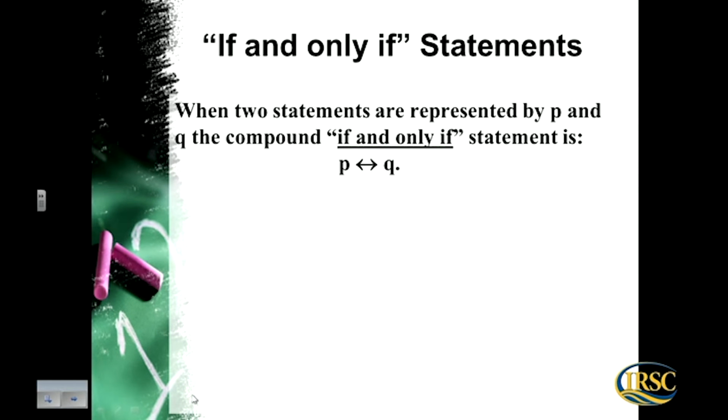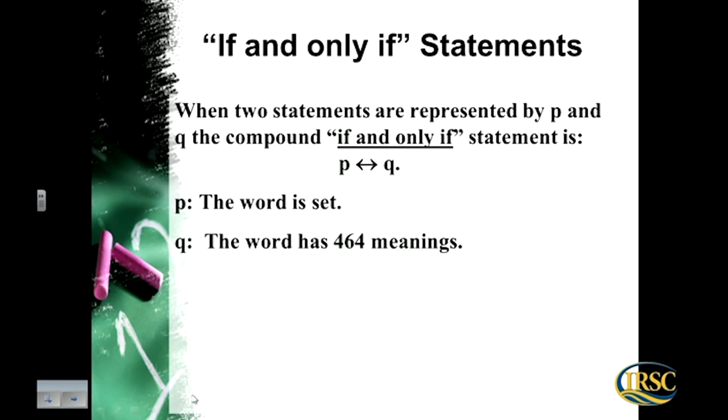So if you're trying to write a statement with the connector if and only if, then you're going to use a double arrow. Let's say that P stands for the word is set, and Q stands for the word has 464 meanings. And just to make this a little clearer, I'm going to put quotes around the word set. We're talking about the word set, is what that sentence means. The word is set.